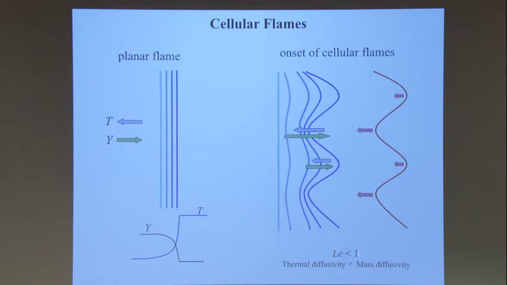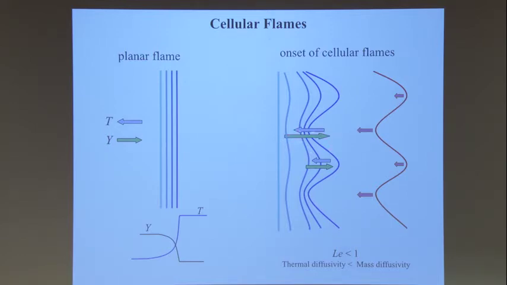If the Lewis number is less than 1, which means that the thermal diffusivity is smaller than the mass diffusivity, then, sorry, I was thinking about this but looking at the wrong thing. So the thermal diffusivity is less. The thermal diffusivity is the heat conducted away. So this arrow is smaller than the mass diffusing into the flame.